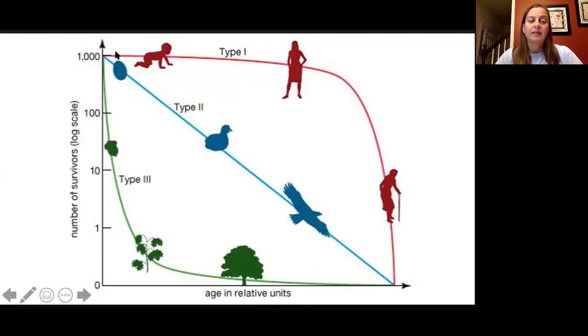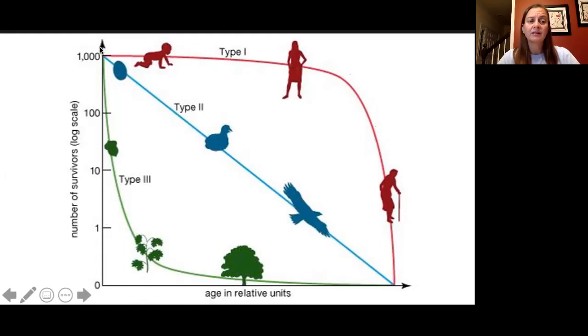So when we look at a type 1 survivorship curve, you can see that the vast majority of the individuals of this species survive until very close to a full lifespan. So this means that most of the young survive, most of the middle-aged survive, and it's not until we approach old age that we start to see the percentage or the population decline.